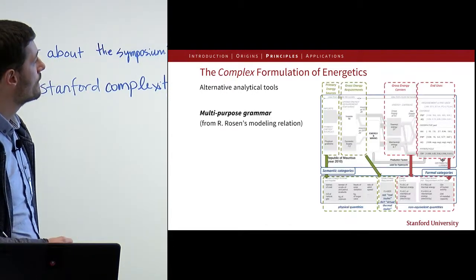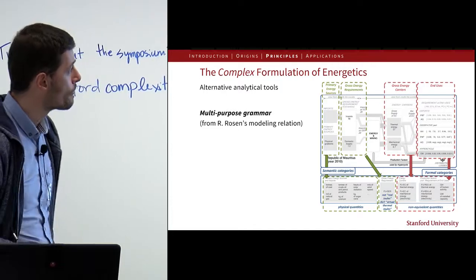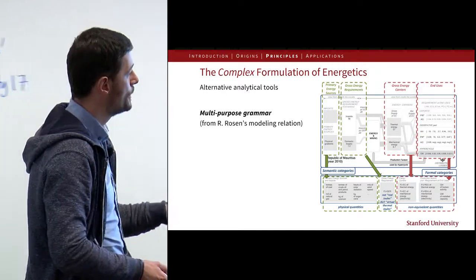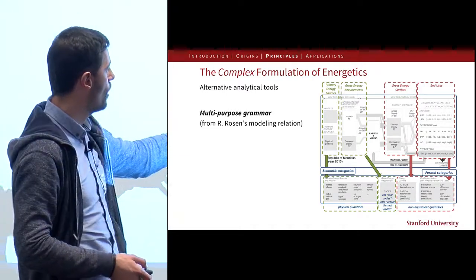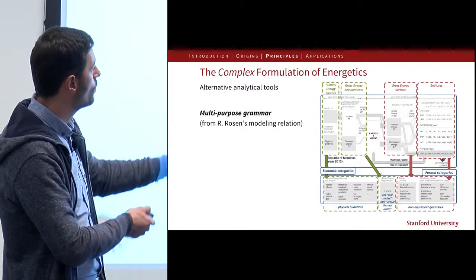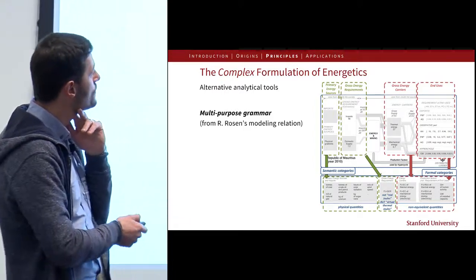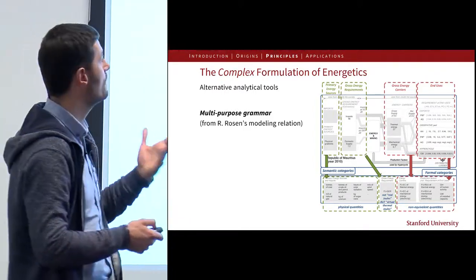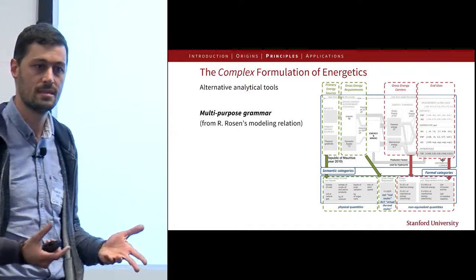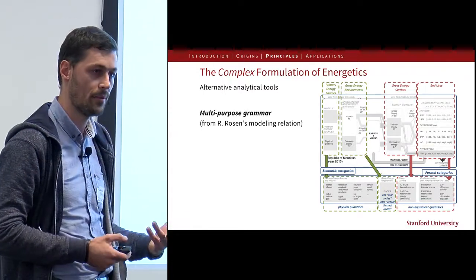The first one is the multi-purpose grammar, which is basically a presentation of semantic categories of a system. Here is an example of what I did on energy systems, describing the various types of energy. Primary energy sources are a form of energy. You can also have gross energy requirements.